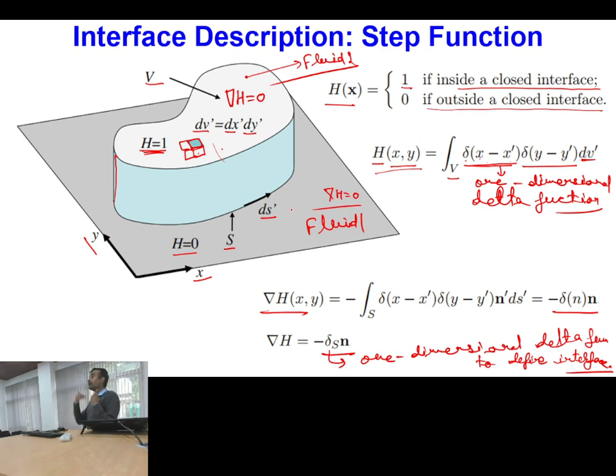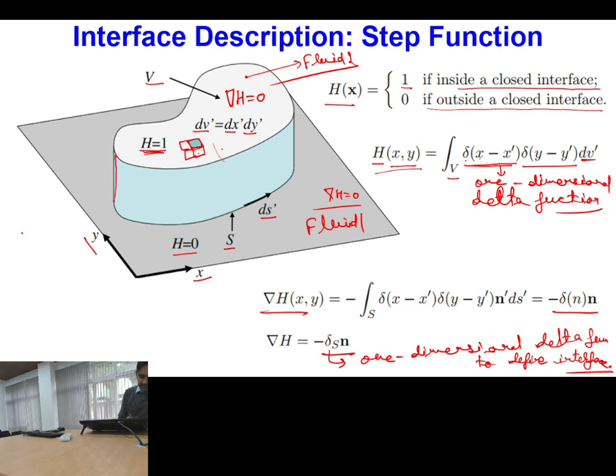So where does the gradient exist? The gradient exists only at the interface. Okay, and if you calculate the gradient of a contour, what does it do? The gradient of a contour always points in the direction normal to the uniform value of that function. Is it clear or not clear?